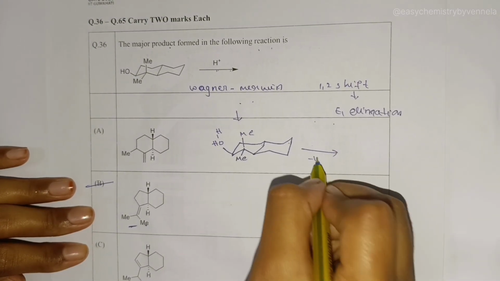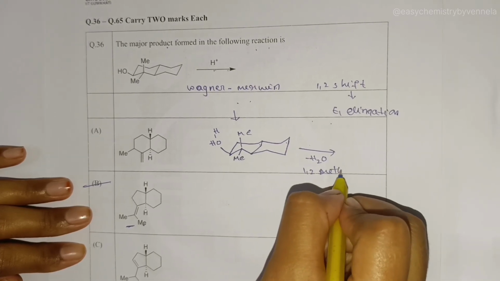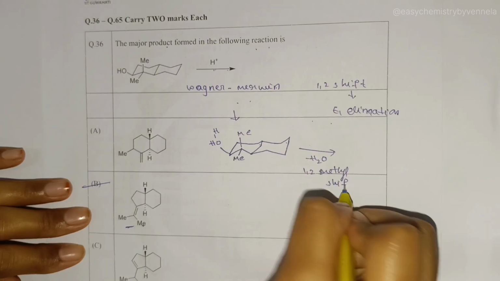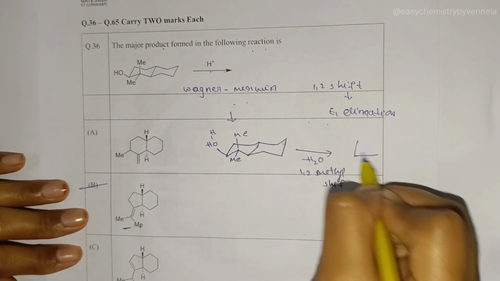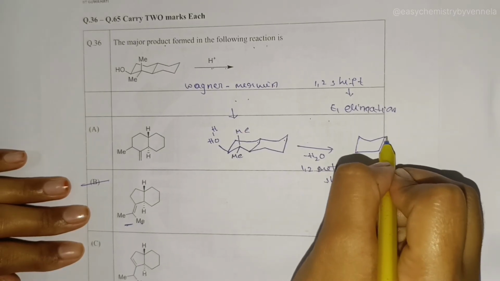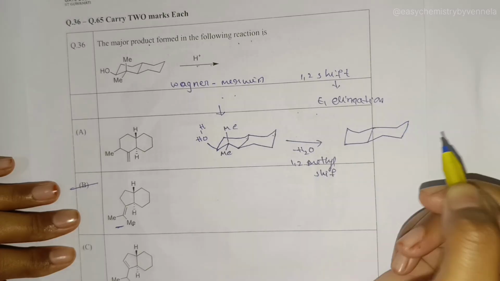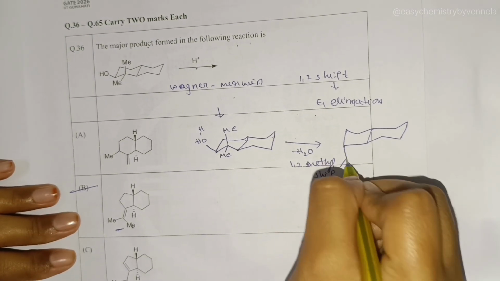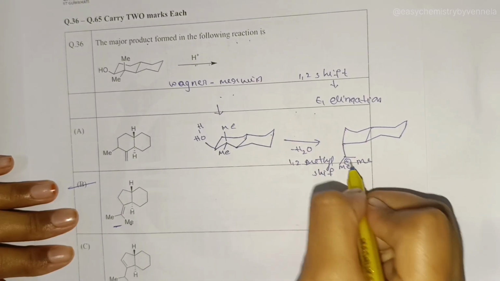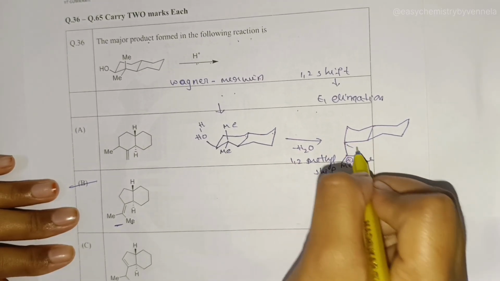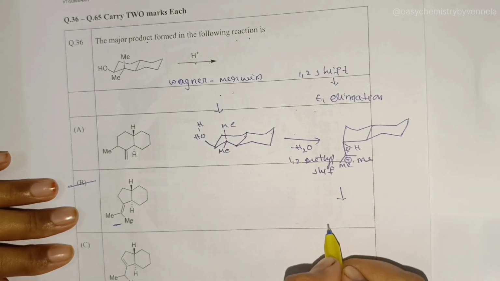Then removal of water, 1,2-methyl shift takes place. Methyl, methyl. Carbocation formation. Then here hydrogen forms a double bond here. Then finally you will get the answer like this.